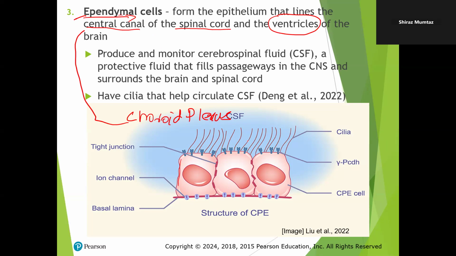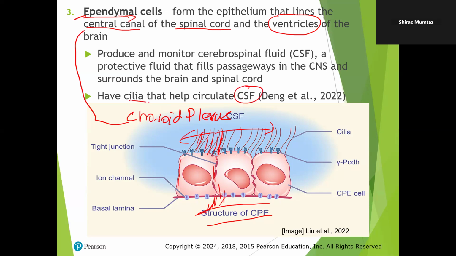Inside is the CSF, and there should be a blood vessel outside. The blood vessel sends a limited amount of fluid, which can cross and go inside. These right here are the cilia, which help in the circulation of the CSF within the subarachnoid space for the cerebrospinal fluid.